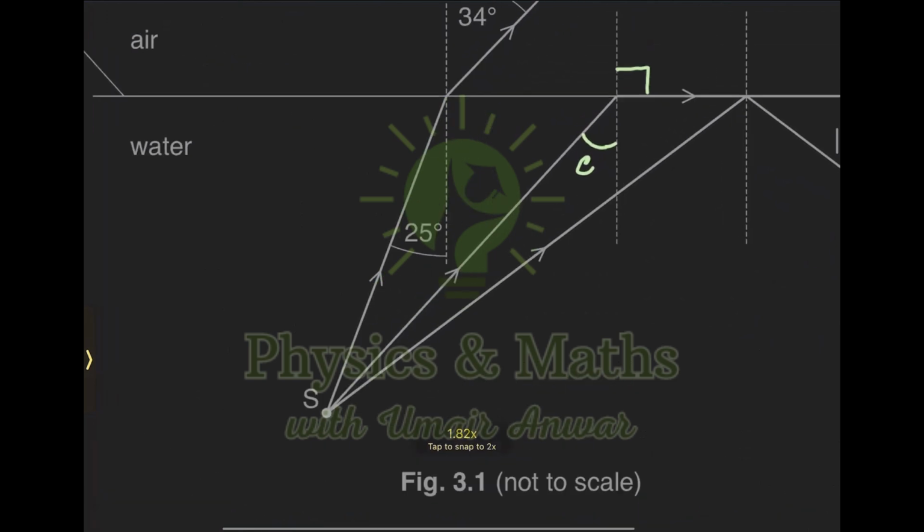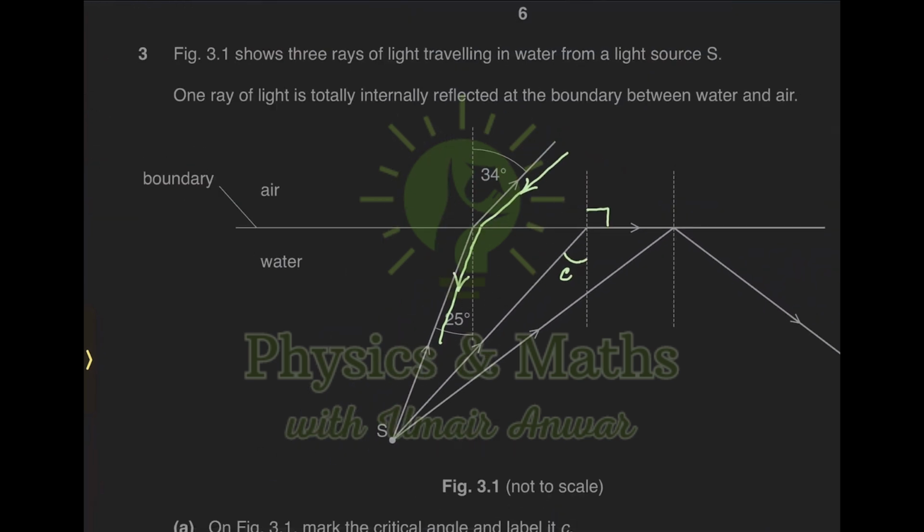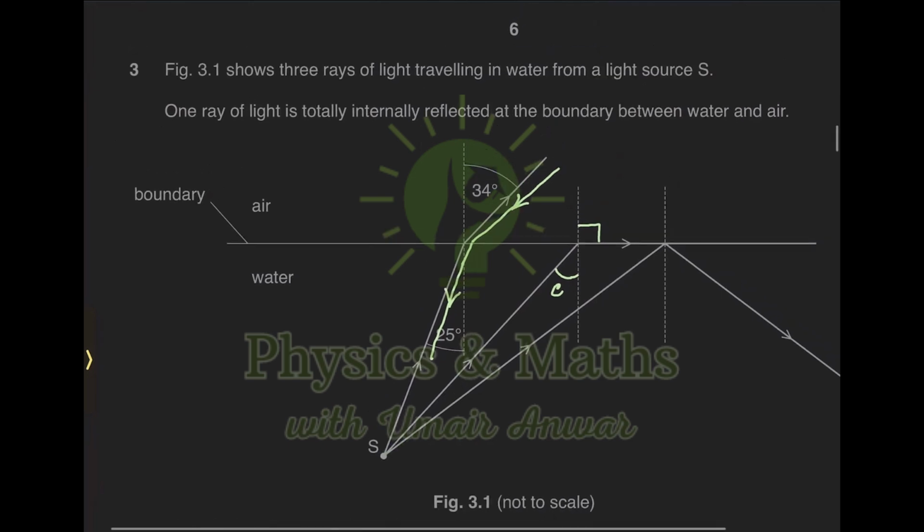So in order to use this formula properly, the situation should have been like this, that the rays of light should have been coming from the air and they should have been entering into the water. So now, since this is not happening here, the situation given is opposite to this one. So we have to be careful here and change the formula or the values being put in the formula accordingly.